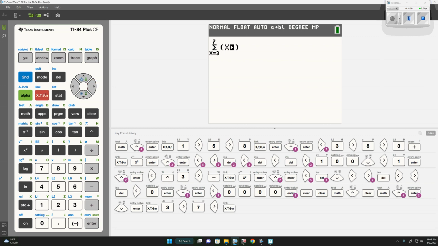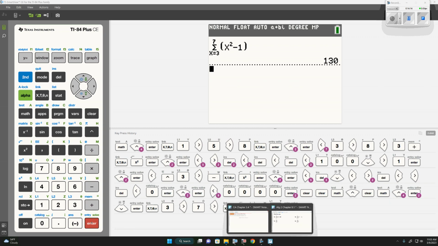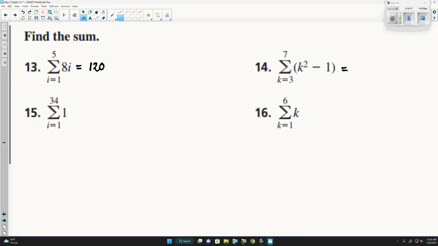So k squared, but this time we have x. And that's it. This one here is just 34.